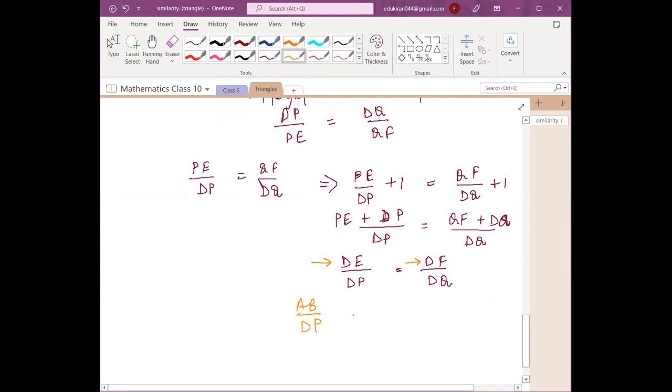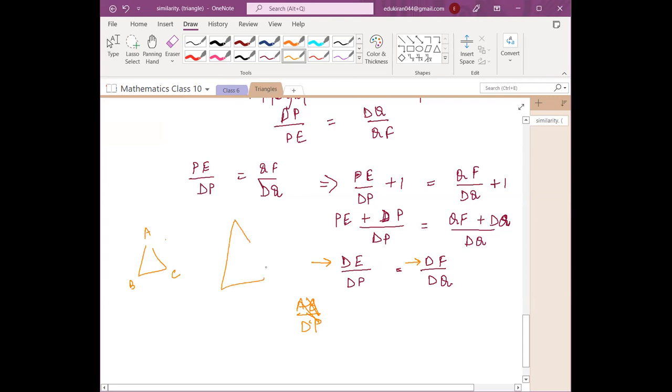Yes, ma'am. Okay. What I have got ultimately is DE upon DP is equal to DF upon DQ. No, what was the diagram? Sorry, I just forgot the diagram. ABC, right?